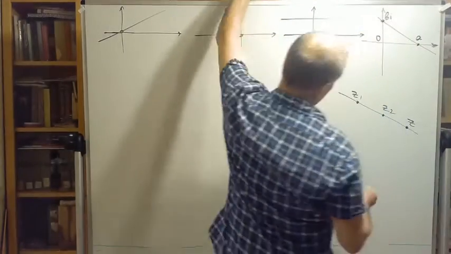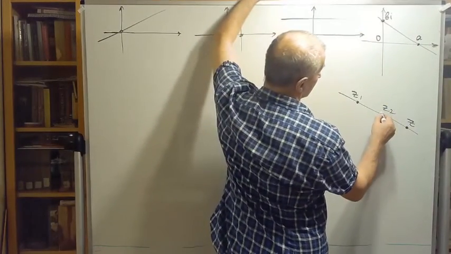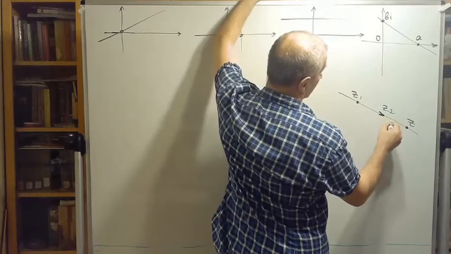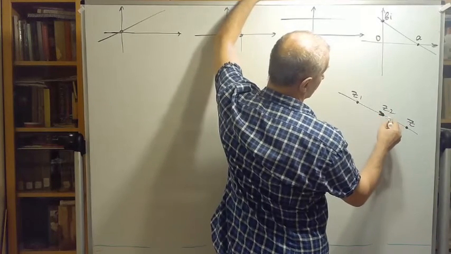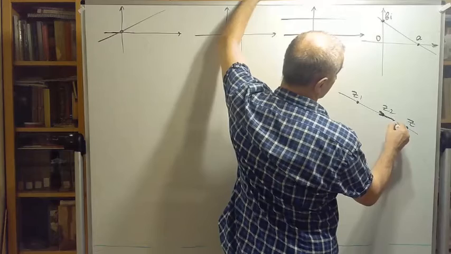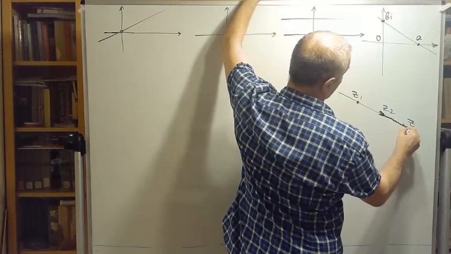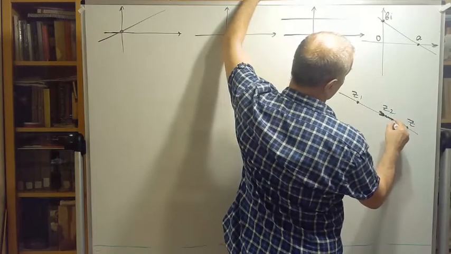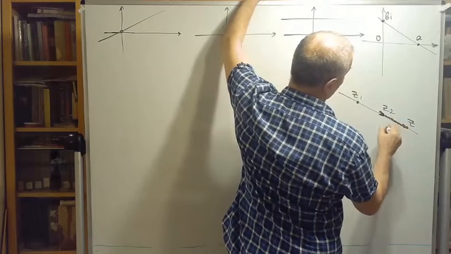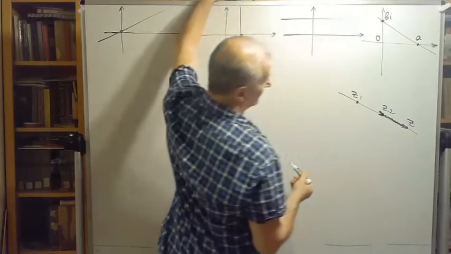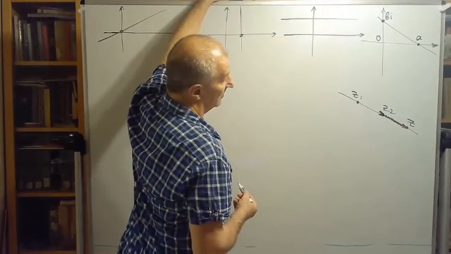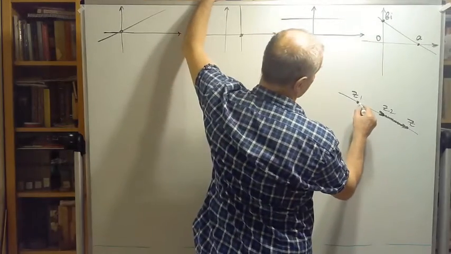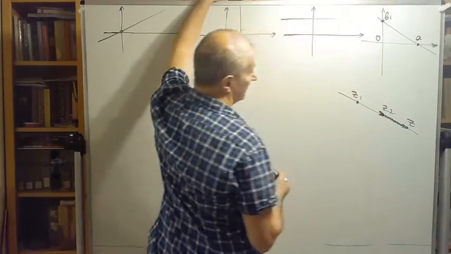So what is the condition of point Z being on this line? The condition is that the vector connecting Z with any of these points, for instance this vector, Z minus Z2, will be collinear with the vector connecting these two points, Z1 and Z2.